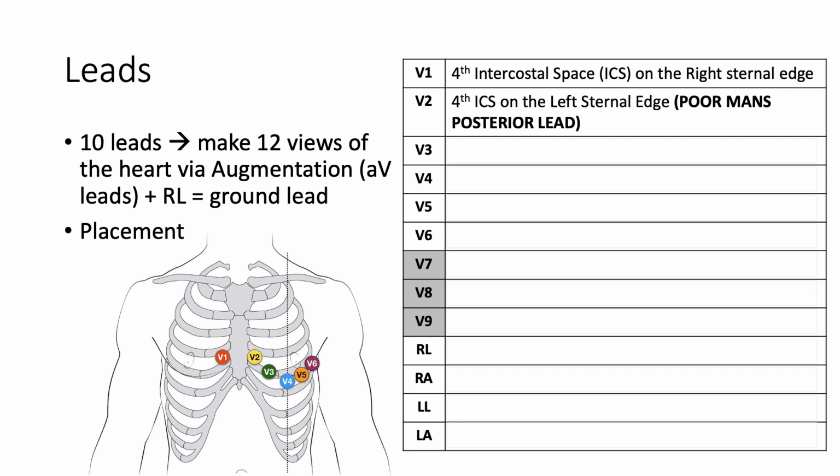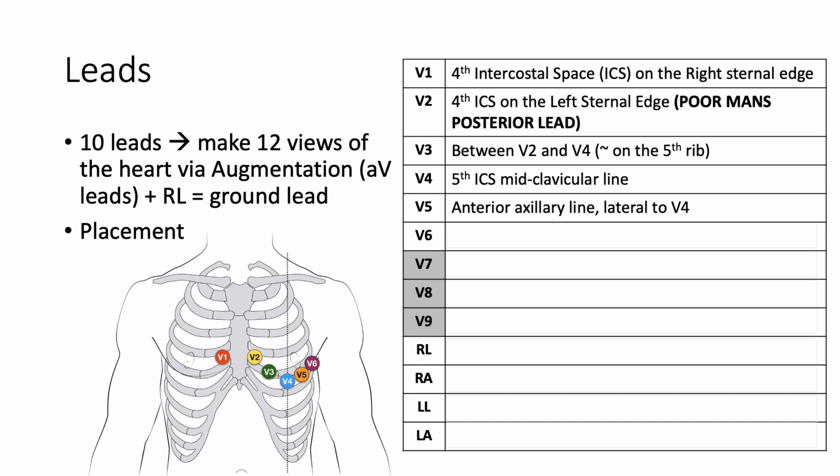It's always good to do V4 and then V3, because V3 sits exactly in between the two of them. V3 is pretty much on the 5th rib and maybe 2 to 3 centimeters away from the sternum. V4 is in your mid-clavicular line in the 5th intercostal space.